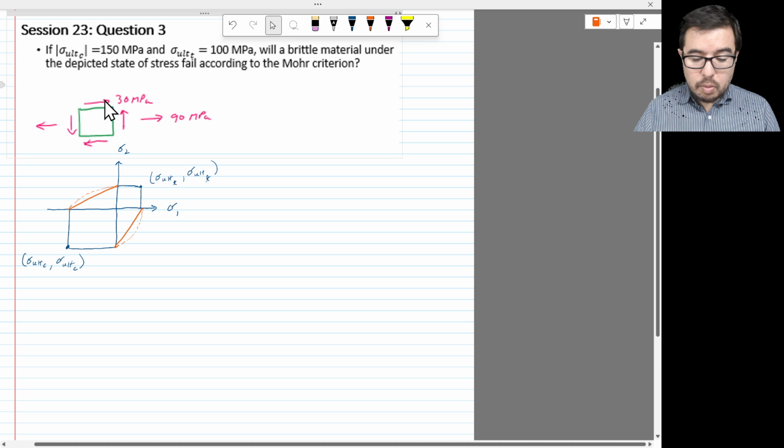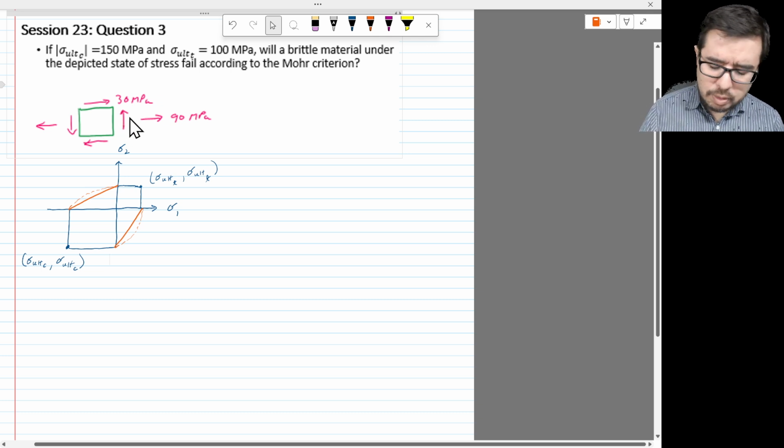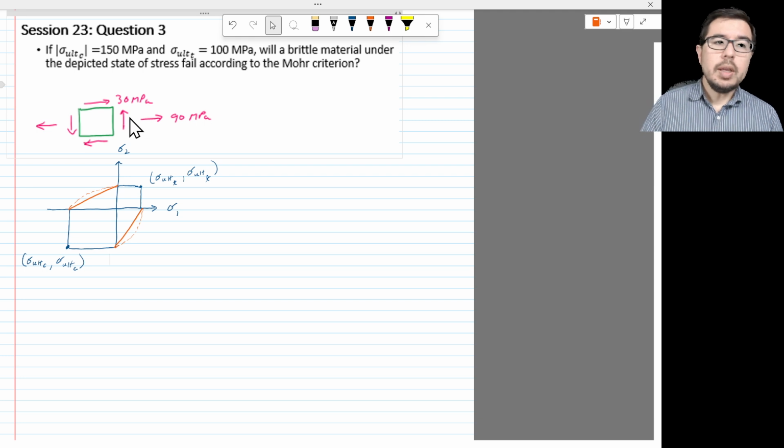So now we go to the described state of stress, where we have 90 megapascals in the x direction and 30 megapascals for tau xy. What are we going to do?